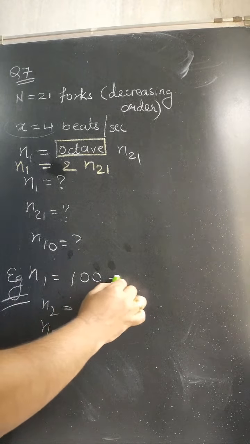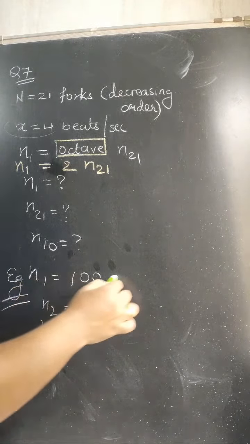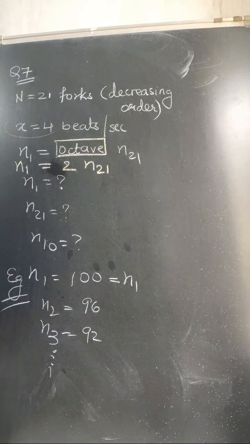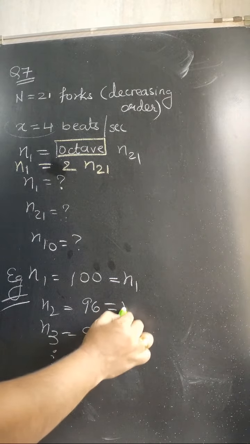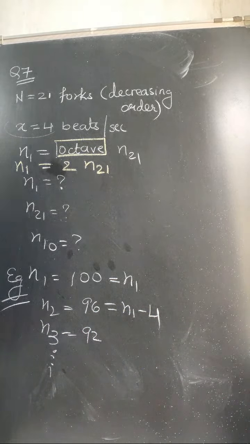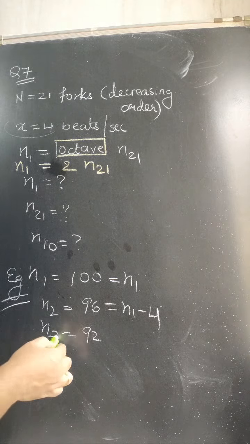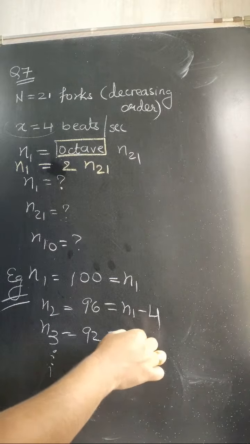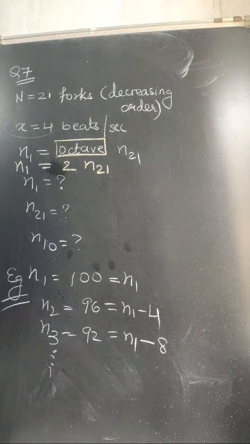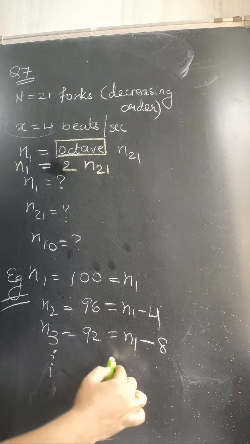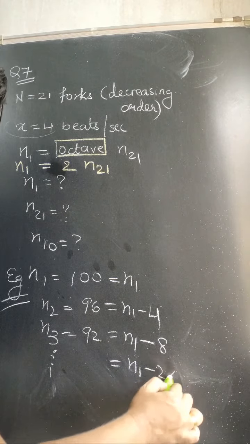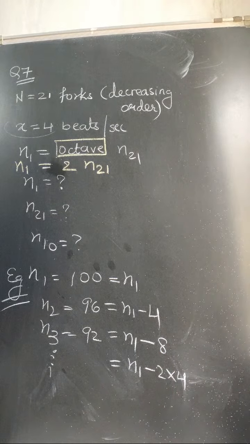So if we say the value of N1 is N1, then the value of N2 is going to be N1 minus 4. The value of N3 is going to be N1 minus 8. A good student can also write this as N1 minus 2 into 4.